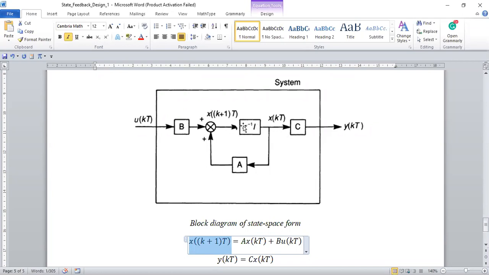And we know that this is like z. If you convert to the z domain, x of (k plus 1)T is z X(z), while x of kT is just X(z). So the relationship between this and this is a factor of z.